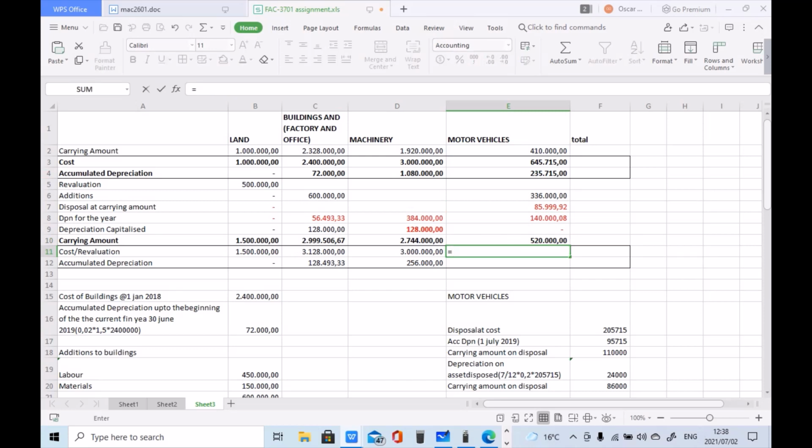Your cost at the end, you know the cost at the beginning, minus disposals at cost, because you no longer have this asset, plus additions, and then you get that.